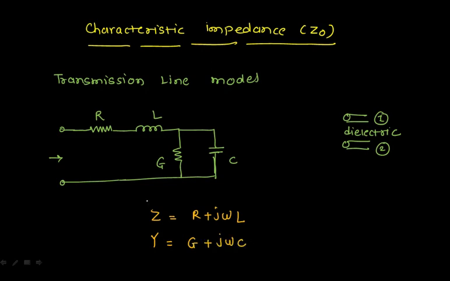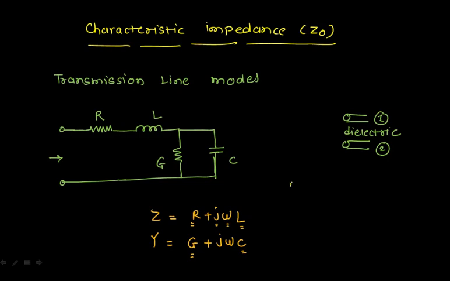This is how we define a transmission line model. R is the resistance, L is the inductance, G is the conductance, C is the capacitance, omega is the angular velocity, and J is the imaginary component. If I want to calculate the characteristic impedance of the transmission line, this is the impedance measured at the input of the transmission line.